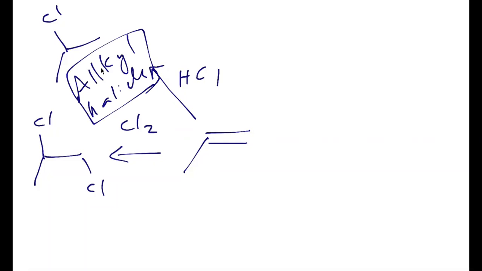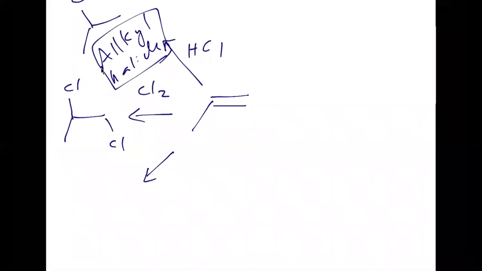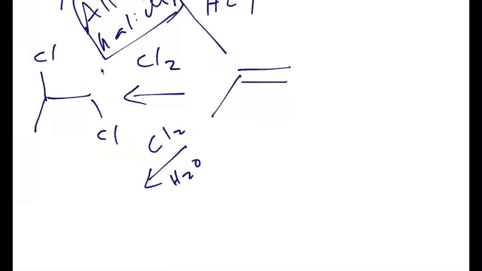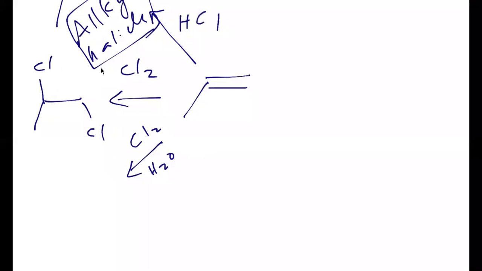Or I can do another reaction to it. If I want a different type of alkyl halide, I can add chlorine and then do the reaction in water, and I can actually get what's called a halohydrin.